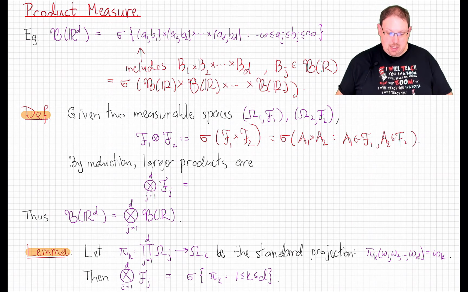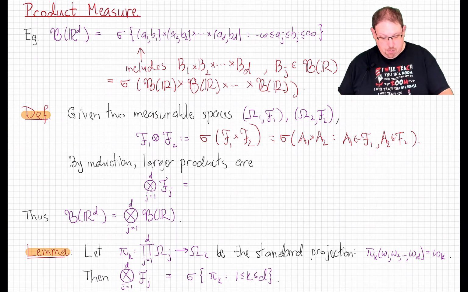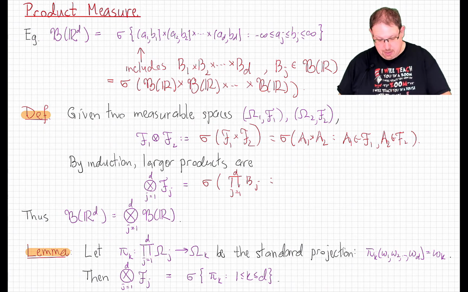Now, we can do induction on there and use nice natural properties of sigma field generated by to conclude that any finite product, for example, can be written as the sigma field generated by all finite Cartesian products of sets from the sigma fields in the product.